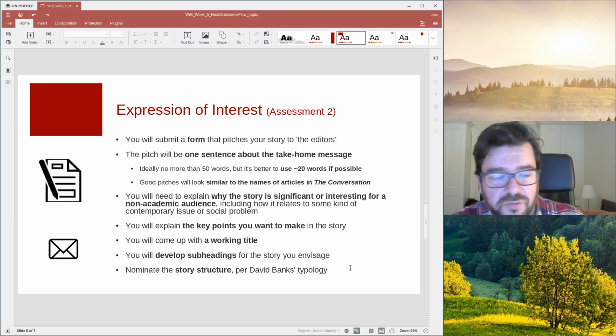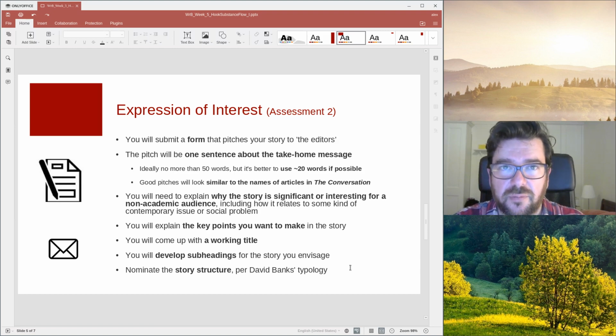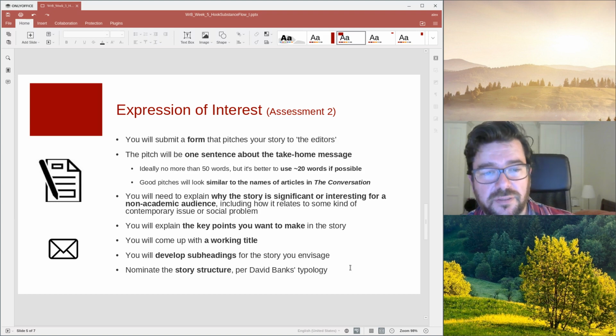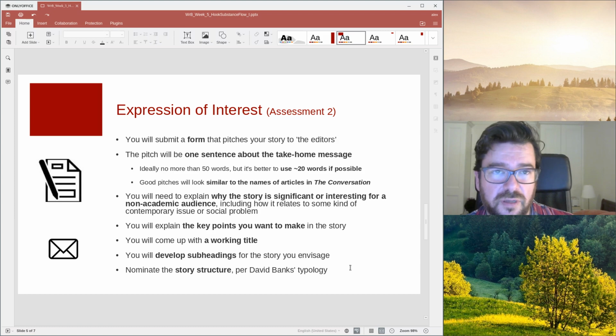But I would suggest to you that, generally speaking, good pitch sentences are shorter. They're usually very simple. And if you want some tips, look at the article titles of The Conversation. Often, certainly not always, the article titles of articles in The Conversation are essentially take-home messages.